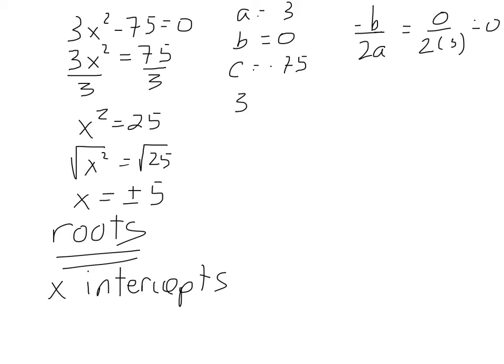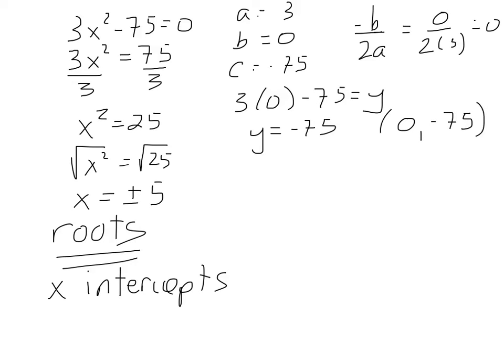Now I plug in 0 to solve for the y value of the vertex. And I get y equals negative 75. So my vertex is going to be at 0, negative 75. My two intercepts are plus or minus 5. So I can go ahead and graph it.